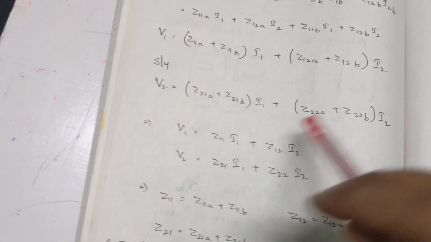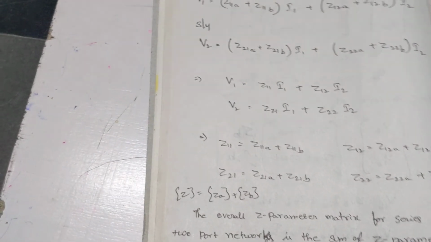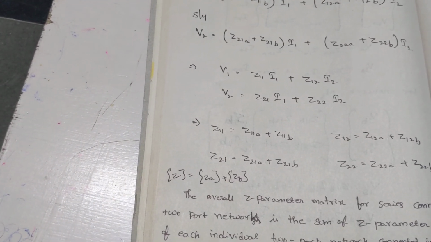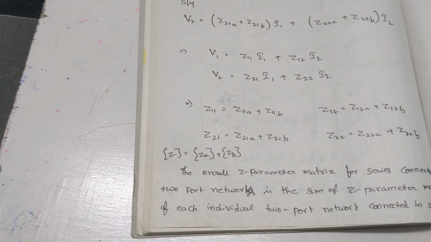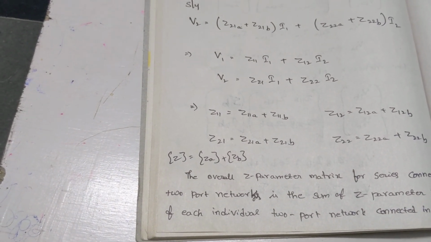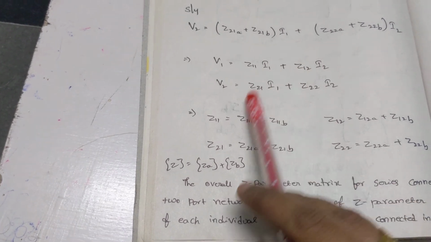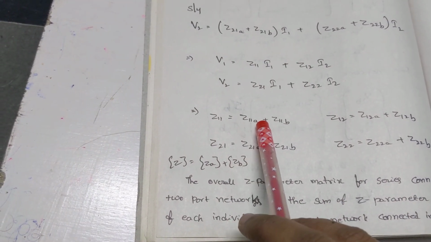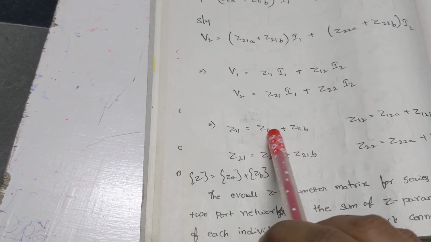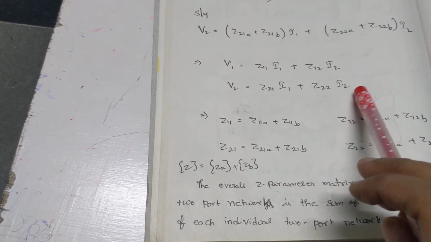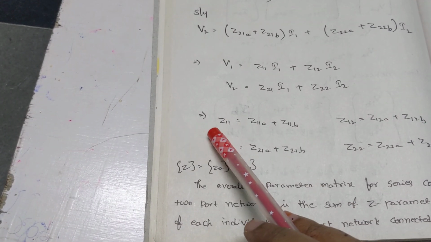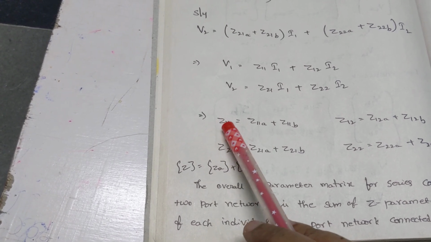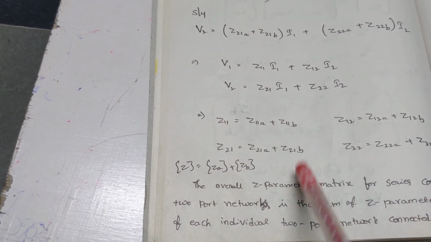By observing all the terms, I can say in one line: these are the overall Z parameters for the series connection. Z11A plus Z11B is the individual elements' Z parameters, but here Z11 is the combination, the entire circuit combination.